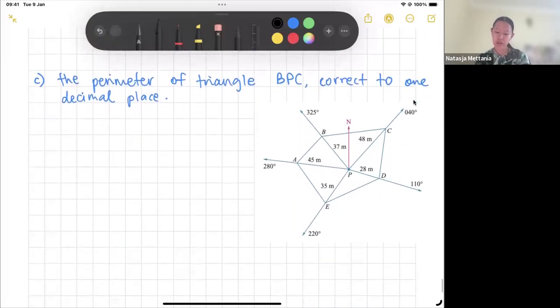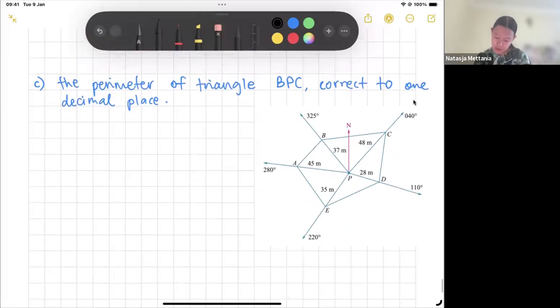You need to calculate the perimeter of the triangle BPC correct to 1 decimal place. From the previous question, I know that line BC, which I found, was 54.8 meters. To find the perimeter of the triangle BPC, all I need to do is add all the sides up, which you should have learned in years 7 to 10, plus year 11.